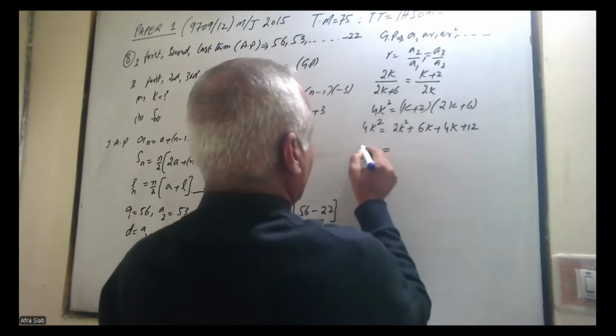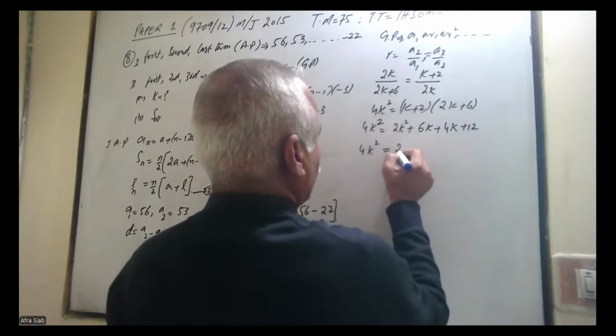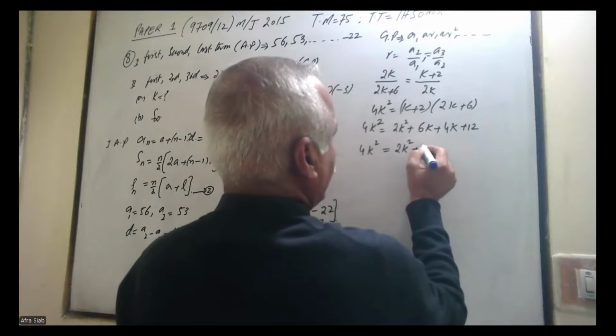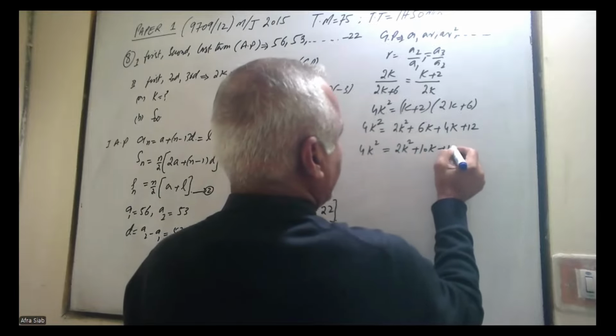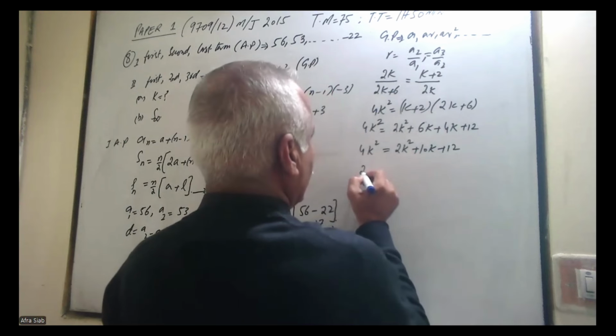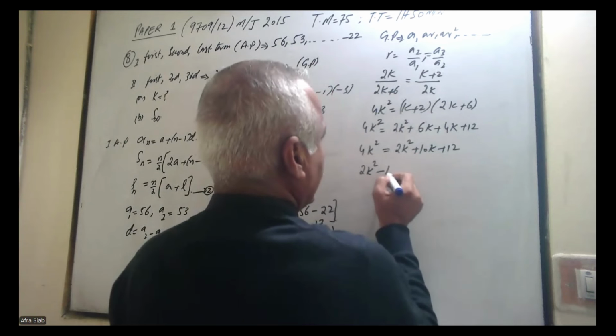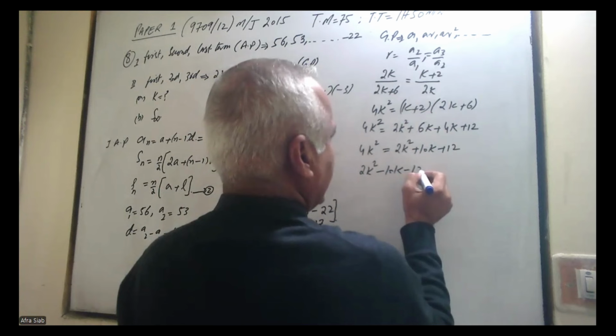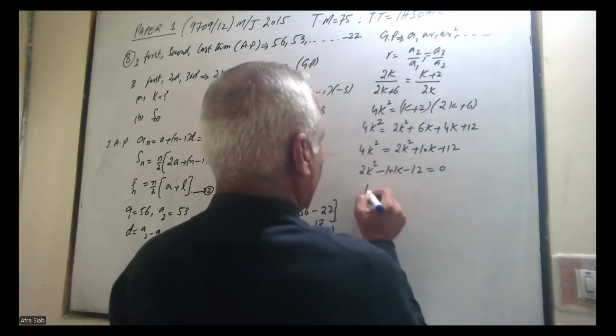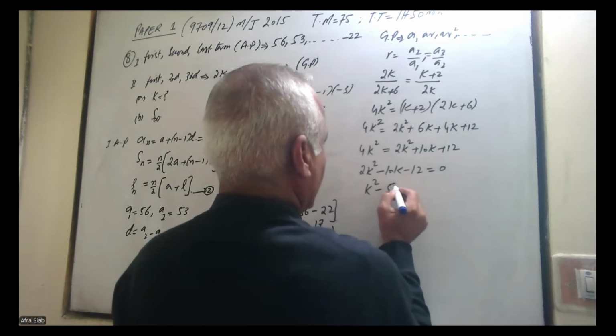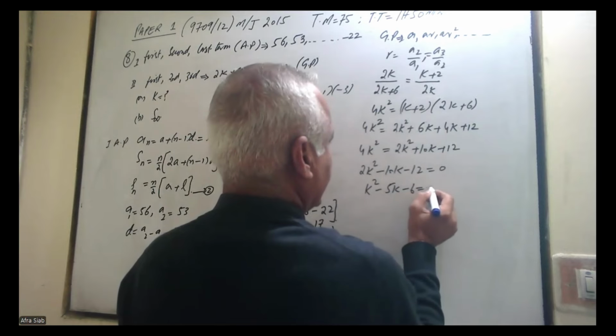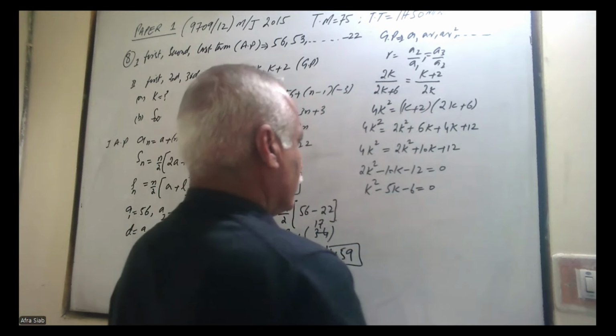So 4k square is equal to 2k square plus 10k plus 12. This gives 2k square minus 10k minus 12 equal to 0, or k square minus 5k minus 6 is equal to 0.